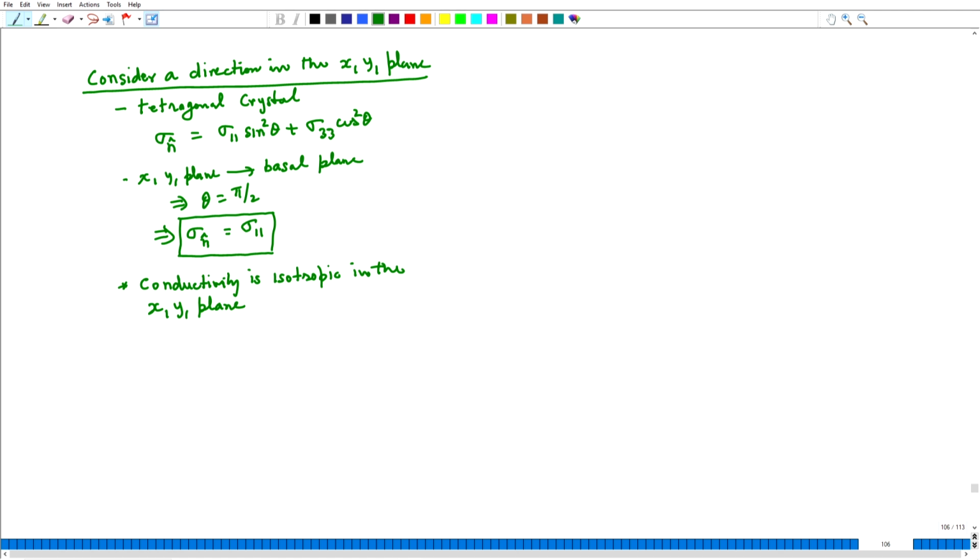Now, let us expand this to the case of cubic crystals.